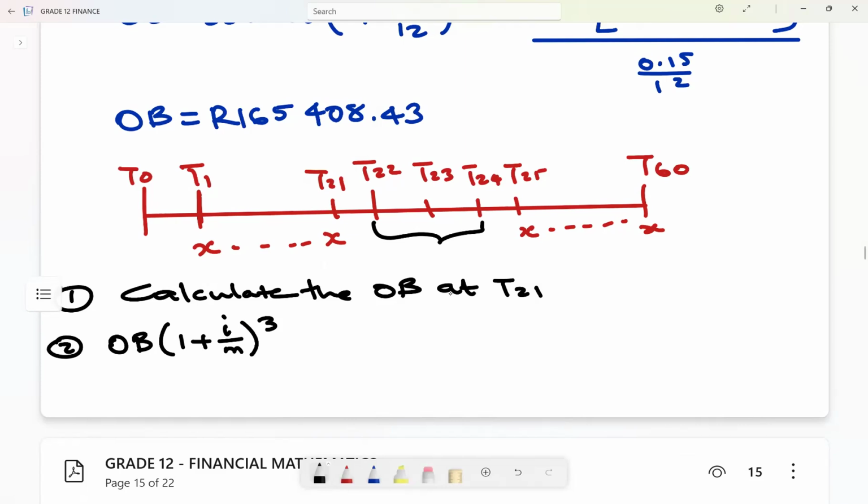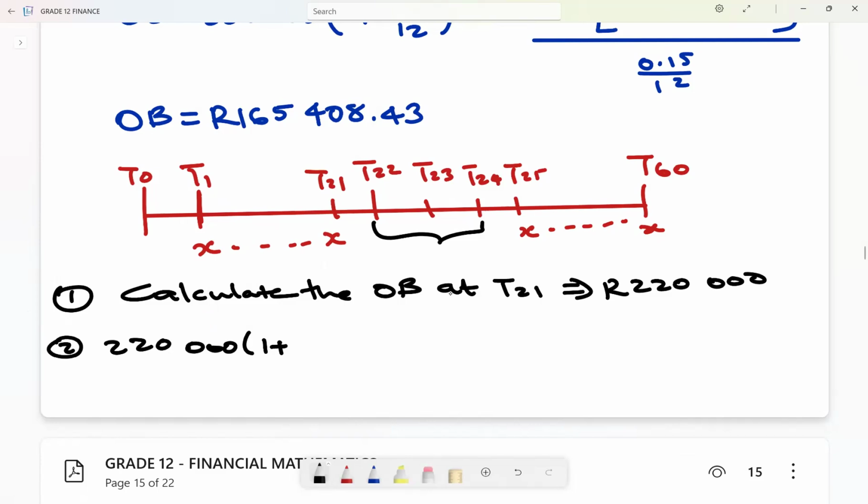In this case it is 12, but if it is quarterly, you'll put 4. The bank will put interest on the money that you still owe. So let's say you were left with 220,000 to pay. The bank will say, that 220,000, you will no longer pay it. You will pay the increased amount, because you decided not to pay for those months. If it is monthly, it's going to be the interest divided by 12, to the power of the months that you missed.